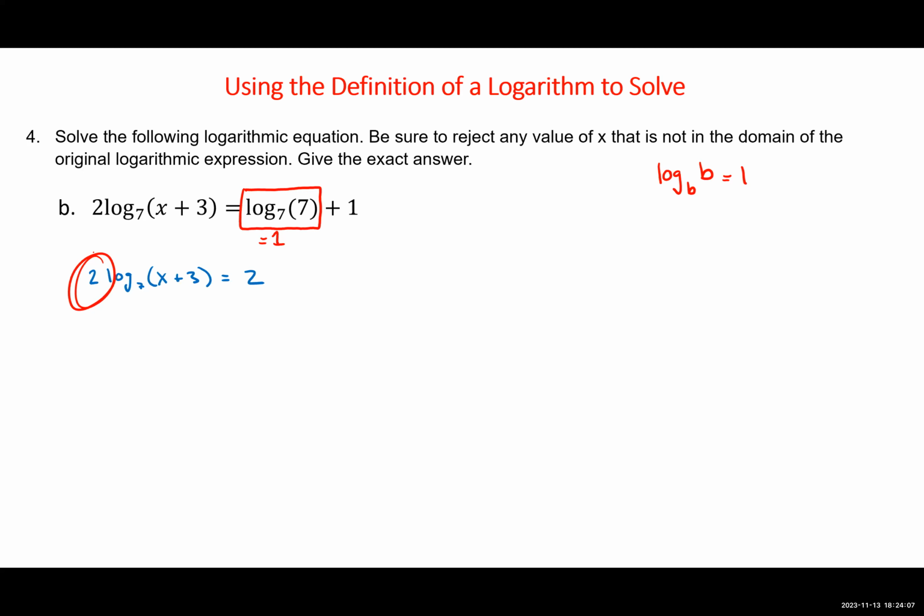We've got to get rid of that 2. If you're going to use the definition of the logarithm, 7 to the power of 2 is equal to this, there can't be a 2 out front. It's the log of something equals something. That's the definition of the logarithm. So get rid of the 2.